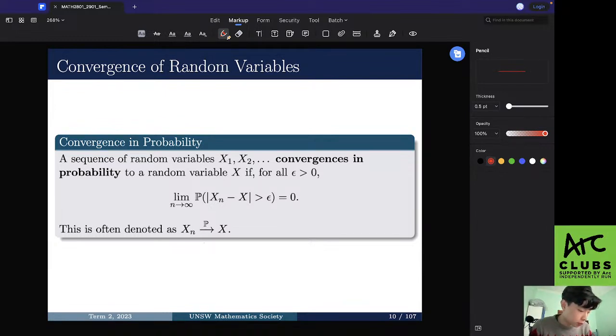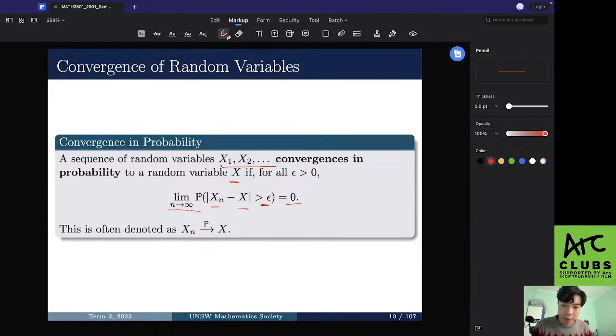In this case, we have a sequence of xn as well, and a limit of x. We can say that it is convergent in probability if the probability that the difference between xn and x is greater than epsilon is 0 when the limit is taken. We consider this to be when a sequence is convergent in probability.